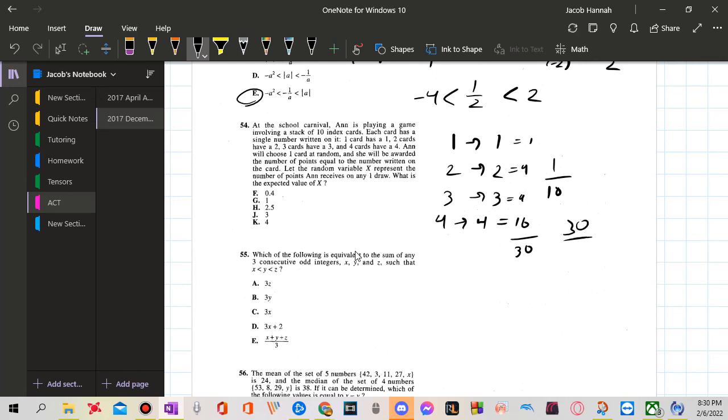So 30 divided by 10 is 3 points. That's J. Sounds good.